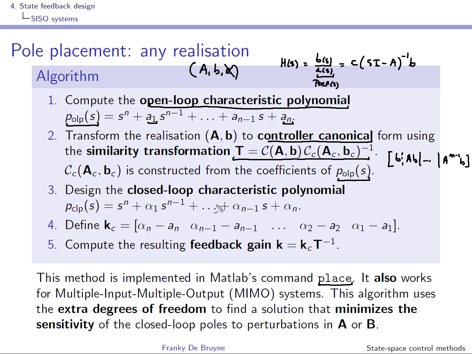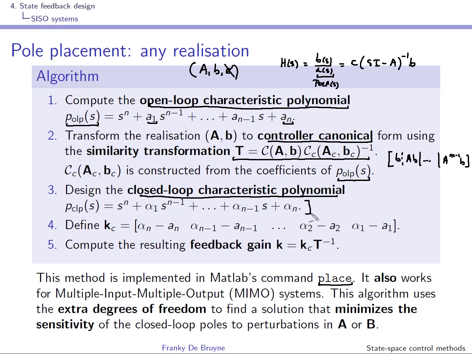Next thing that you have to do is to design the closed loop characteristic polynomial, and this polynomial you can obtain by choosing pole locations appropriately, and as I've said, we'll see how you can do this later. But choosing the pole locations gives you the closed loop characteristic polynomial.